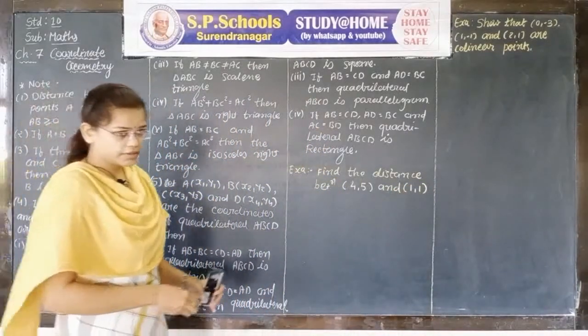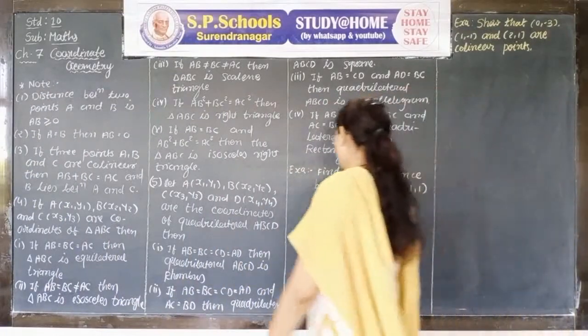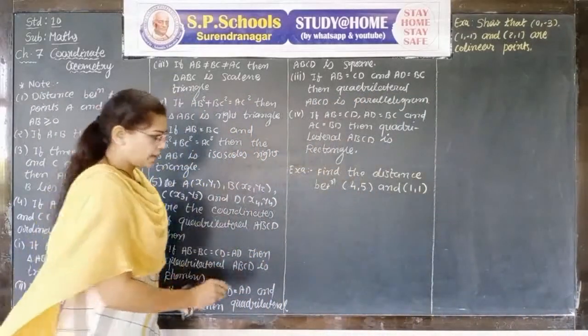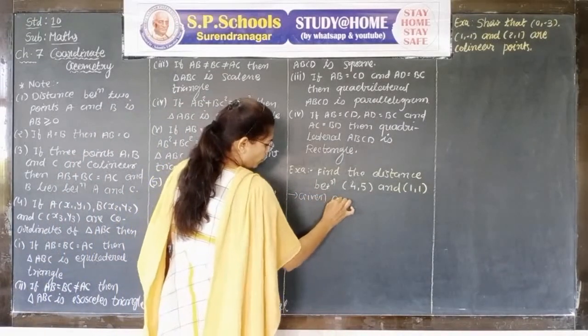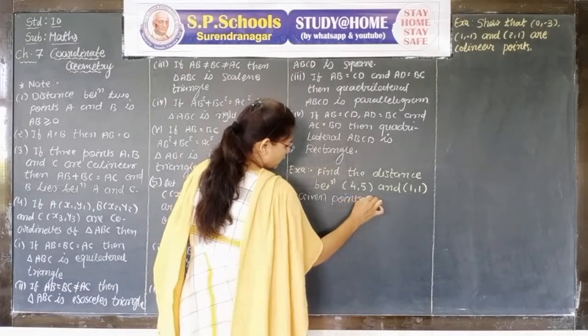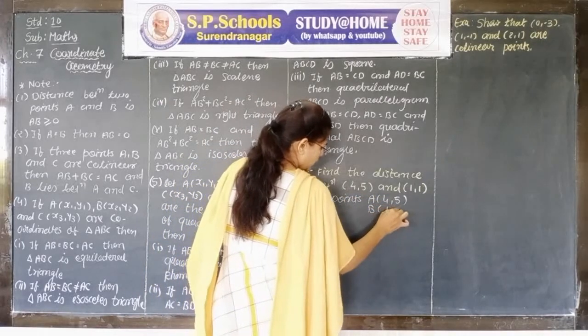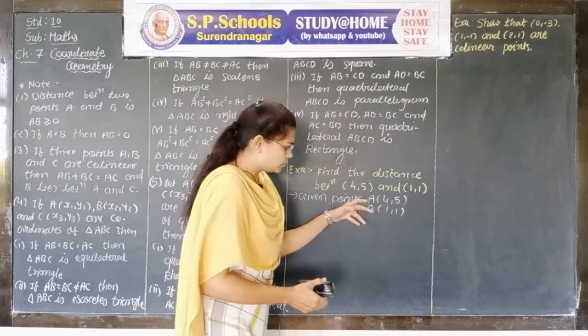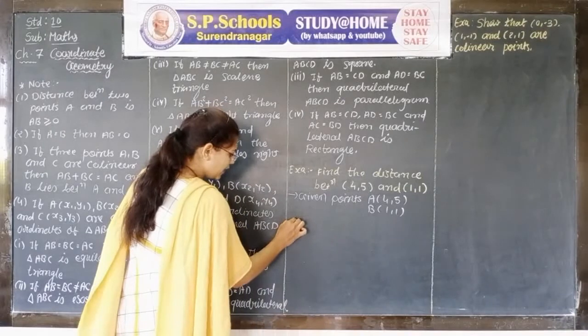We need to find the distance between these 2 points. First of all, write the given points and give them names. Given points, suppose A is (4, 5) and B is (1, 1). Write like this, not on the same line. We need to find the distance between A and B.